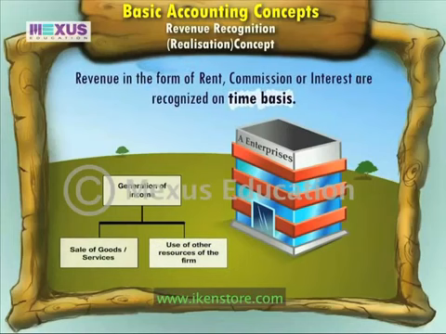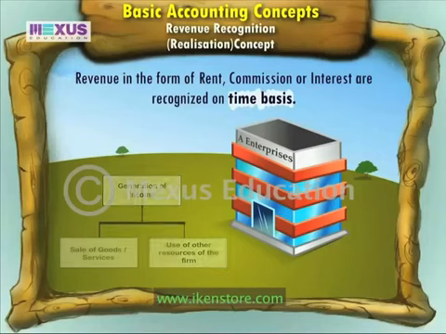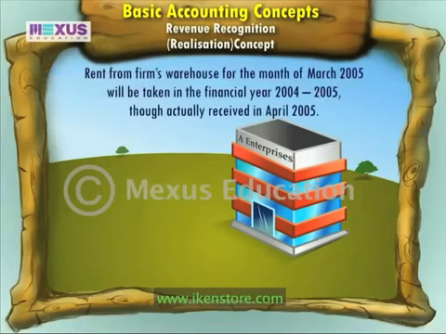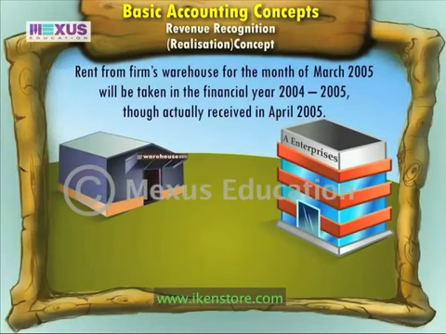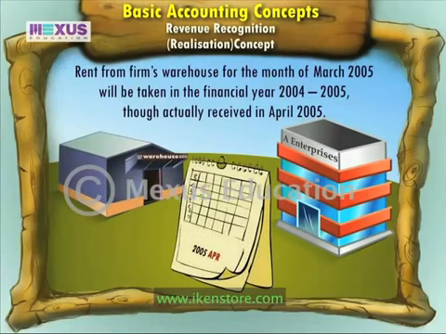Revenue in the form of rent, commission or interest are recognized on time basis. Thus, rent from firm's warehouse for the month of March 2005 will be taken in the financial year 2004 to 2005, though actually received in April 2005.